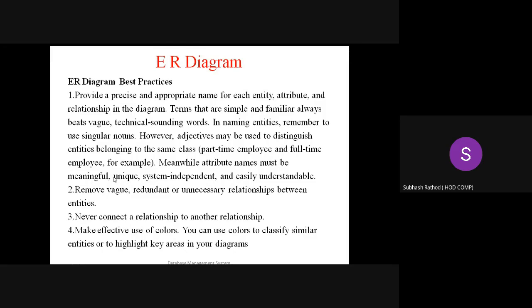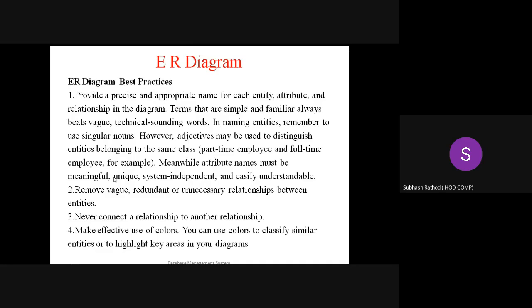Everybody thinks differently and designs differently. Even if you consider the library system, everybody's thinking is different, and somebody may think in a very creative way and draw the diagram. This is the expectation. You have to think creatively and define terms that are simple, easy, appropriate, and precise.